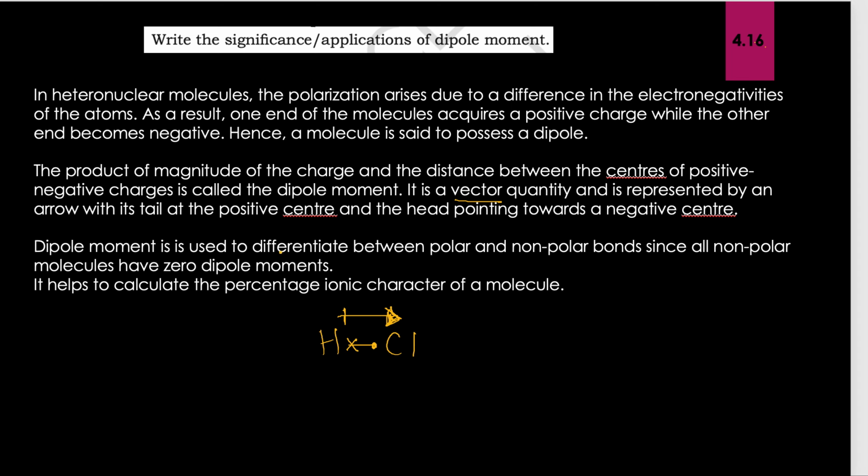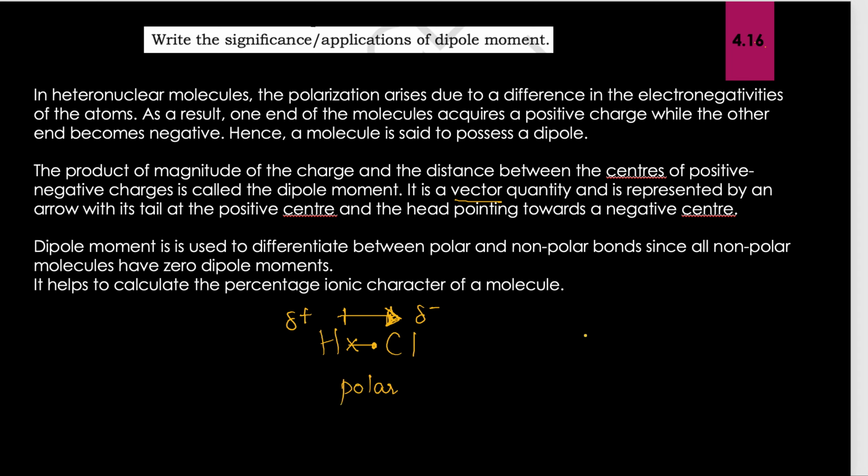Now, dipole moment is used to differentiate between a polar and a non-polar bond, since all non-polar molecules have zero dipole moment. So here you can see this is having one direction. It moves in one direction, and therefore you will see that this molecule will have a particular dipole moment. It is creating a partial negative center and a partial positive center. Therefore, this is polar.